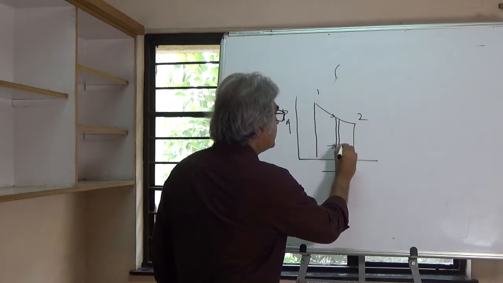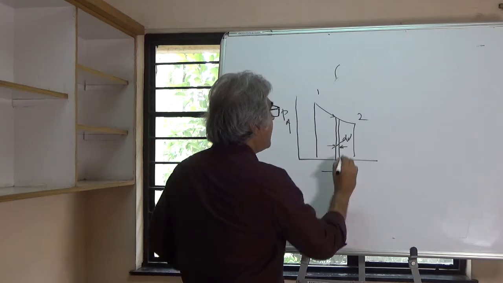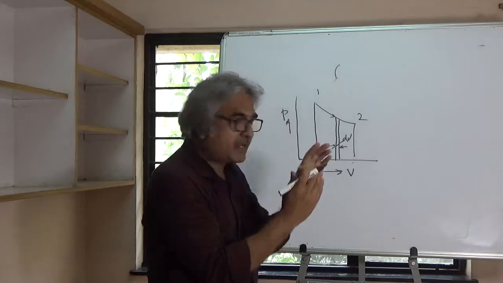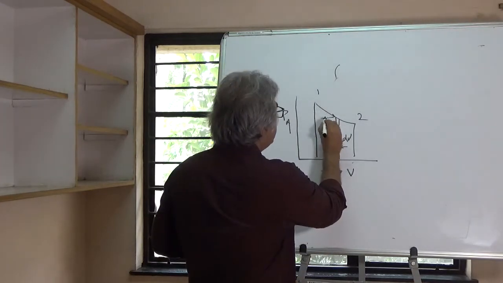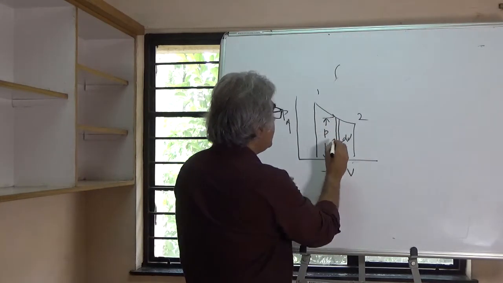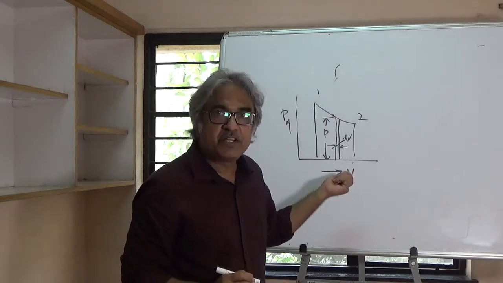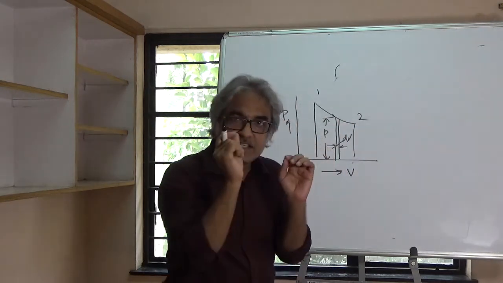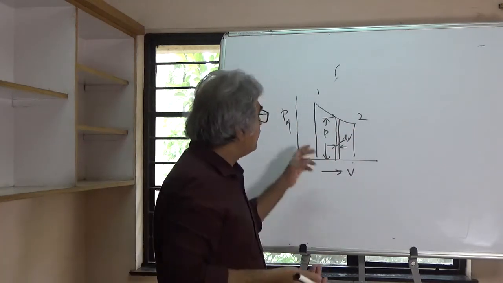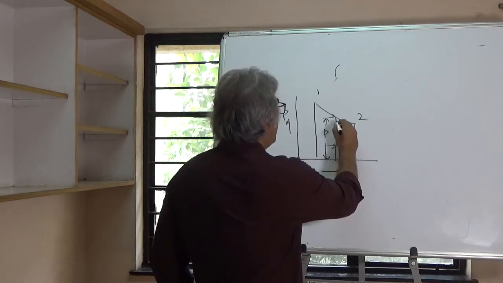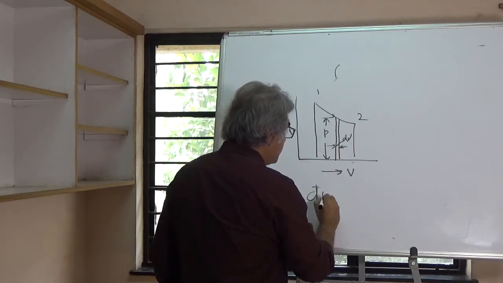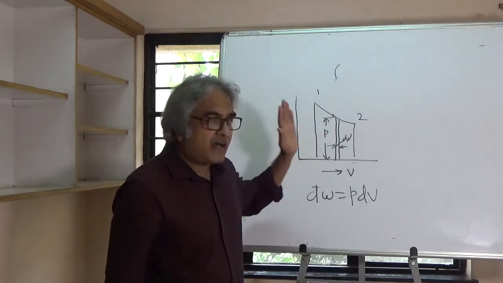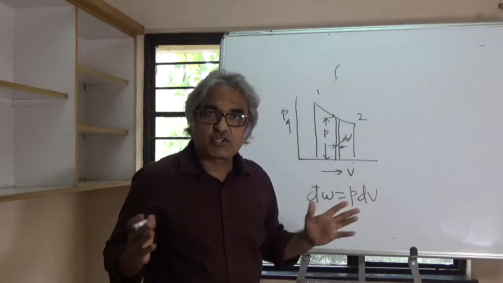The width is dV, and the height, which means the pressure, because these two lines are close to each other, so their heights are same, so we can say this is P. So this area of the strip is P into dV, and if you integrate that, that means you split the entire area into small such strips and add it, that's integration, you get work transfer. So the area of this strip is dW, which is PdV.